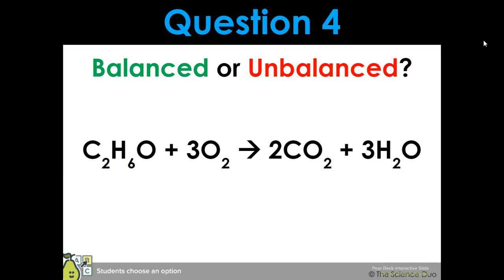Question 4, is this equation balanced or unbalanced? What I want you to do is take a scratch piece of paper and identify each of the elements that you see, plus the corresponding values. I want to know how many atoms for each element are present on the left side and then on the right side, the reactant side and the product side.